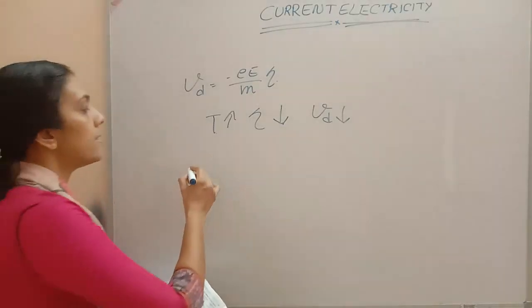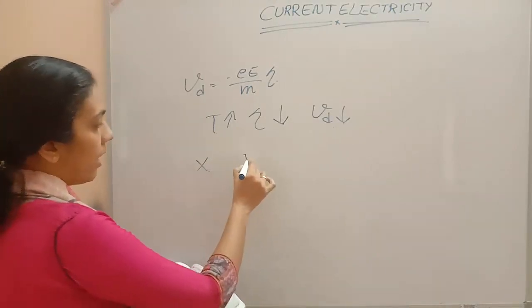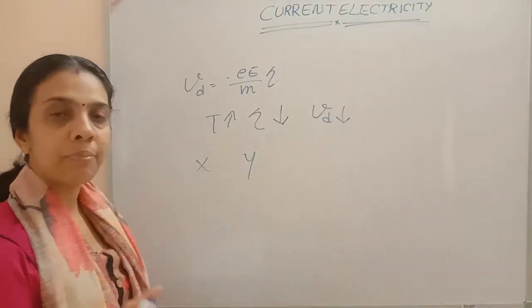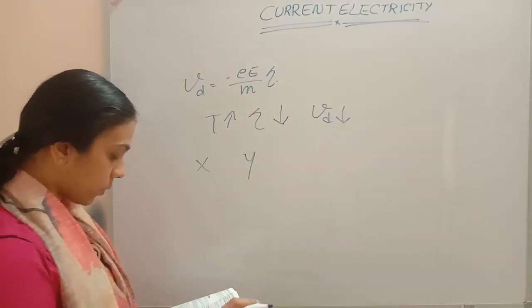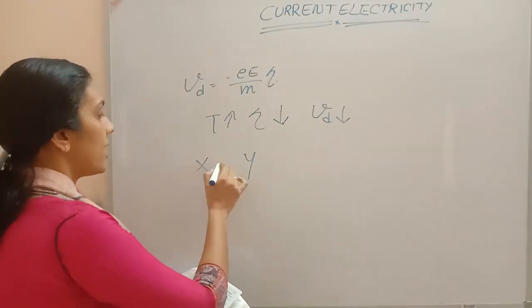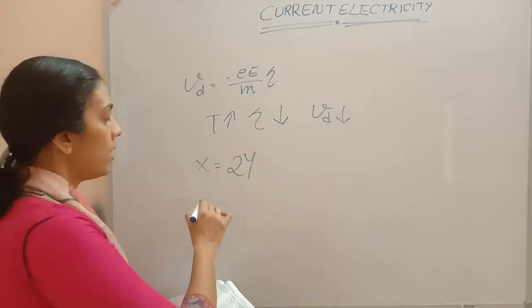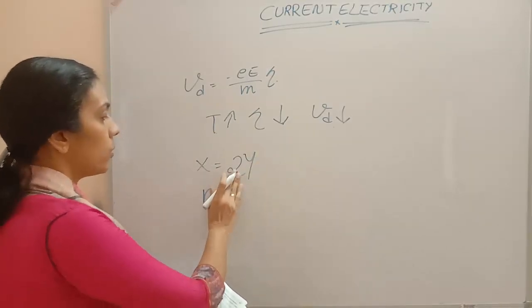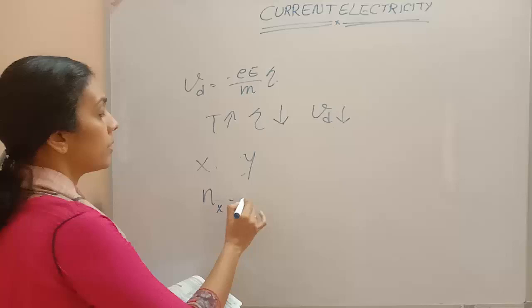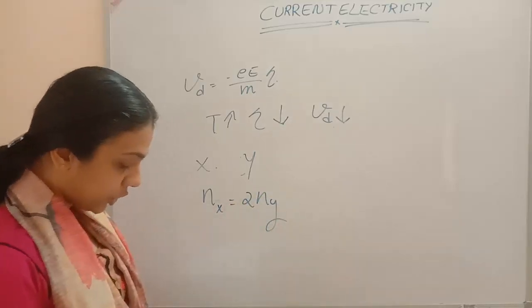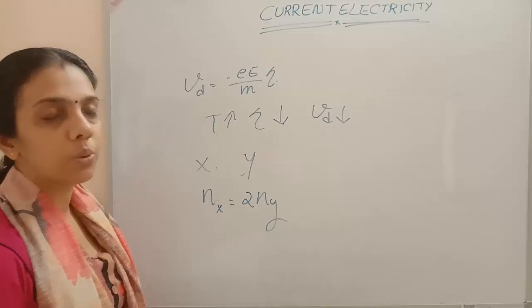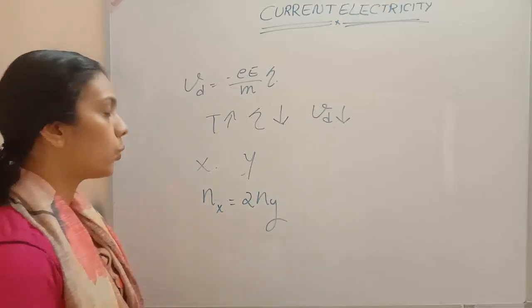Okay, X and Y have the same diameter but different materials. The number density of electrons in X is twice that in Y. So n of X is equal to 2 into n of Y. Find the ratio of drift velocities of electrons in these two wires.